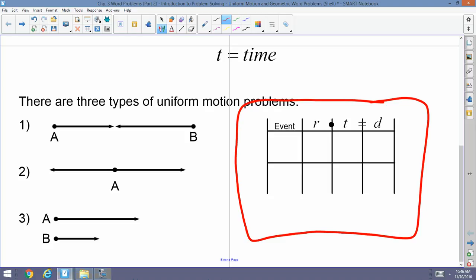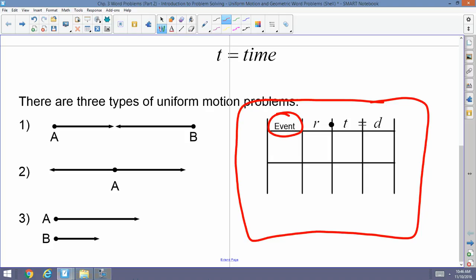This table is what saved my life when it came to teaching and understanding word problems. When I came up with this, I was like, oh, okay, I get it. So we have an event. I don't know what the event's going to be. Maybe it's train A, maybe it's train B, maybe it's going against the wind, maybe with the wind, maybe one is headed east, maybe north, maybe south. I don't know what the event is, but there's going to be 2 events.